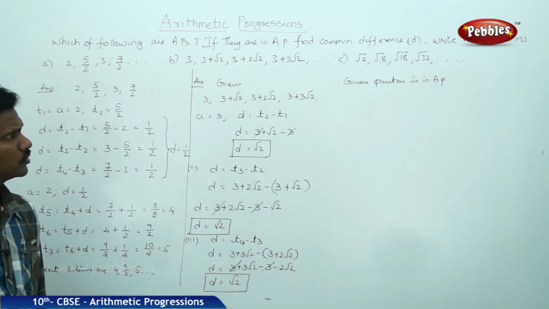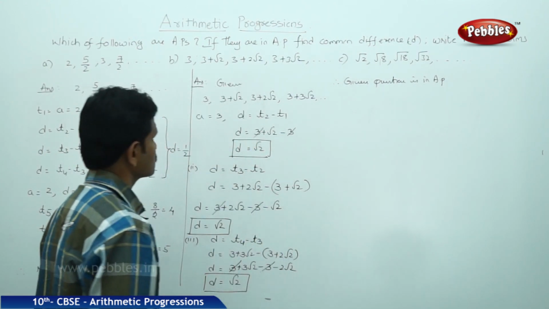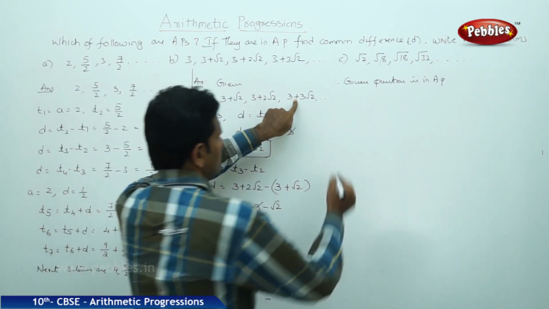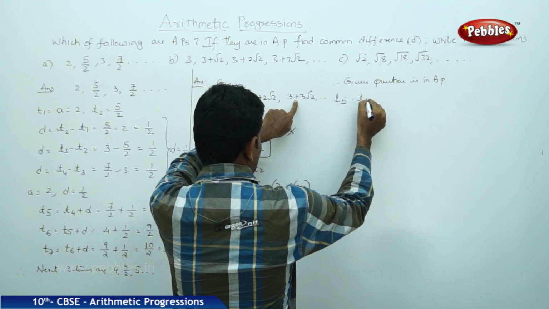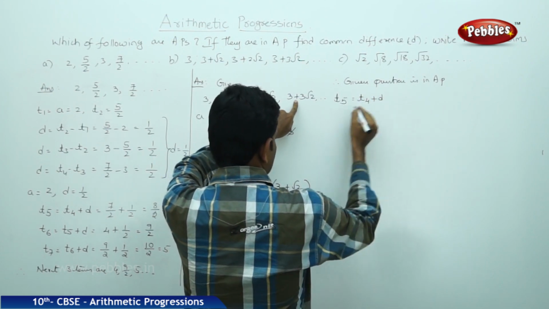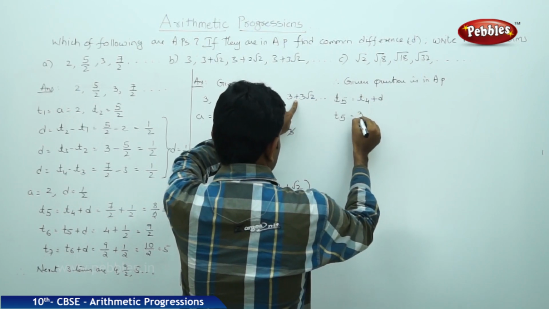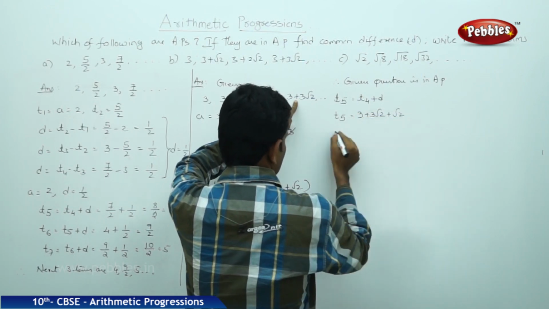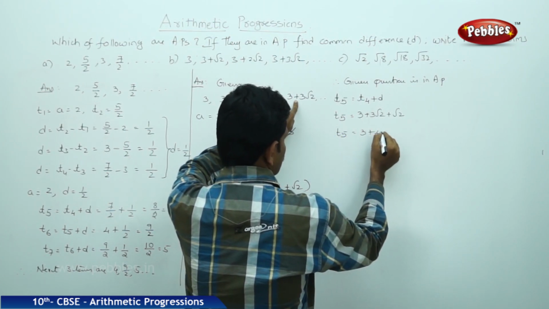Now what we have to do? We have to find the next three terms. T1, T2, T3, T4 are given. I want to find out the T5. T5 is equal to, formula, T4 plus D. That is T5 is equal to T4, 3 plus 3 root 2, plus root 2. That is T5 is equal to 3 plus 4 root 2.